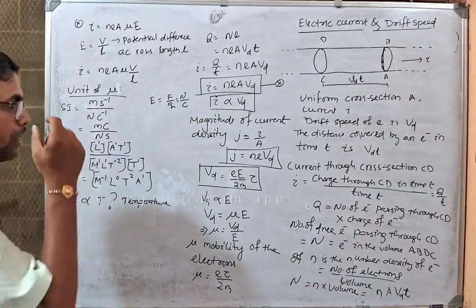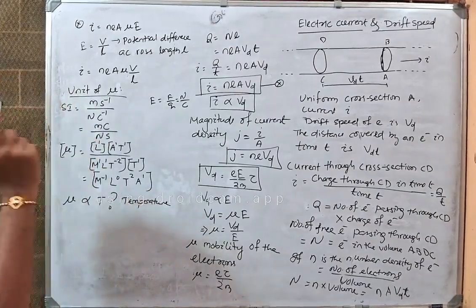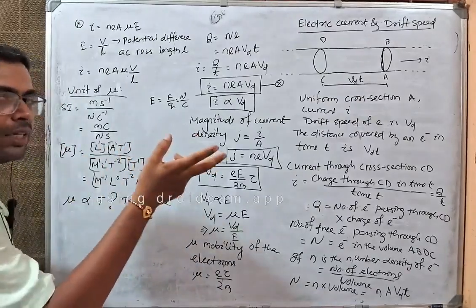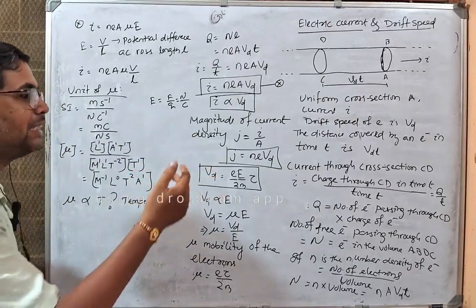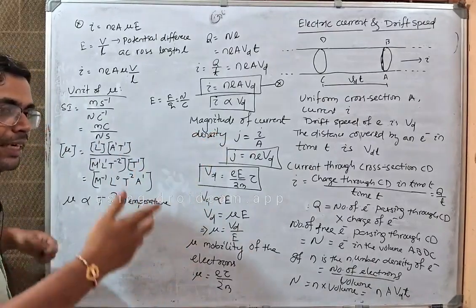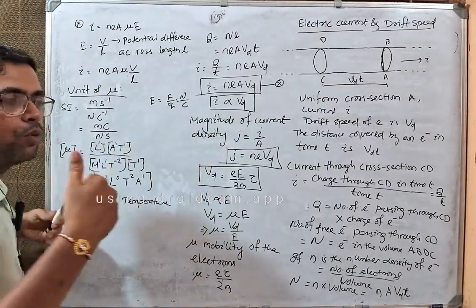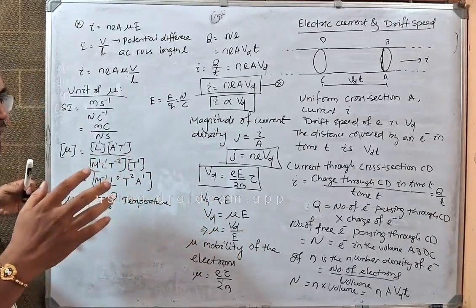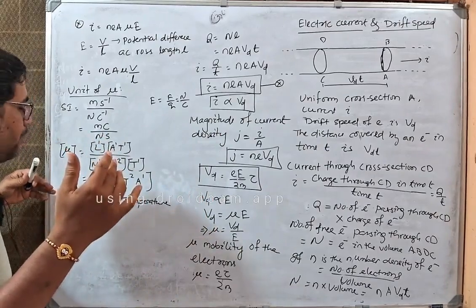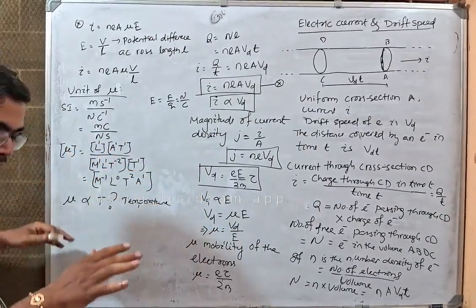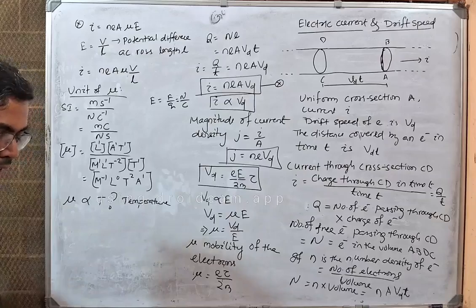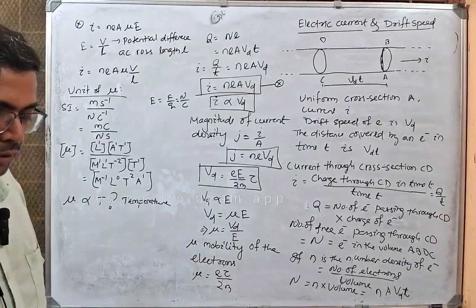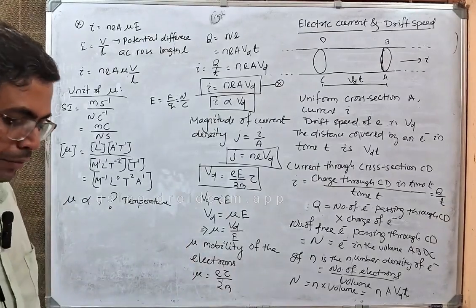Just think of the word mobility. It relates to motion: how easily it can move from one place to another. If you increase the temperature, it cannot move easily. It will get more restriction, more resistance. So by increasing the temperature, mobility gets reduced. I hope you can understand.